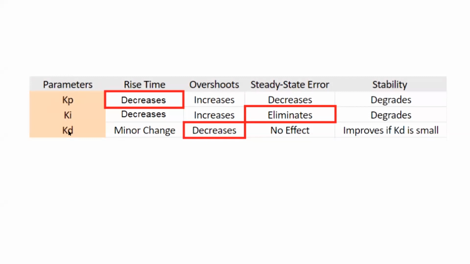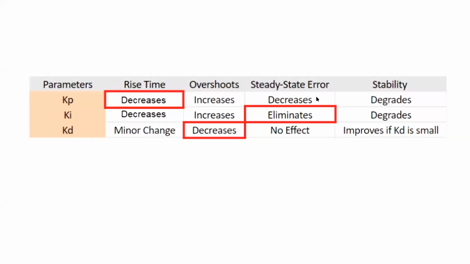If you put Ki equal to 0 and Kd equal to 0 and use only the proportional gain, you can reduce the rise time, the overshoot will increase, and the steady state error will decrease, but it will not be 0. If you use Ki, rise time again decreases, overshoot also increases, but this is the advantage that you get: it eliminates the steady state error.